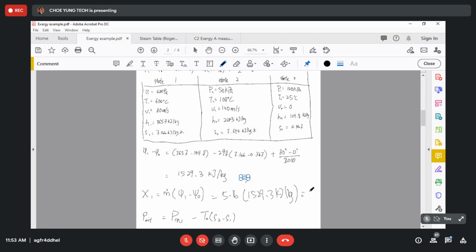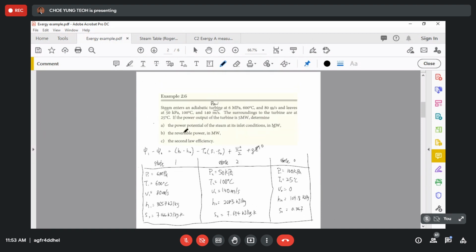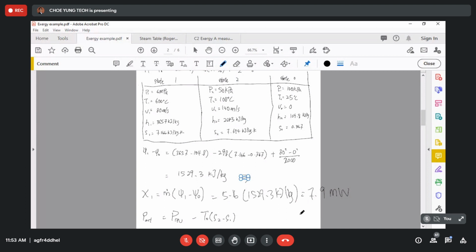So I get 7.9 megawatt. Okay, so I solved the first one, the power potential of the steam at its inlet condition in megawatt. So it has a potential of 7.9 megawatt.